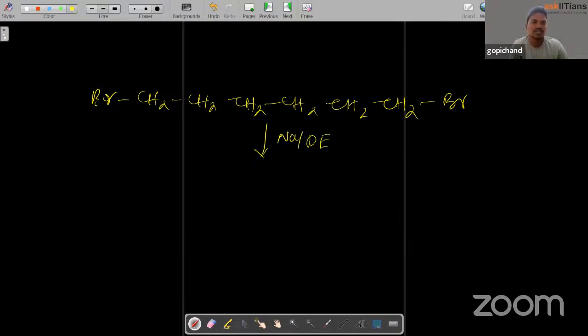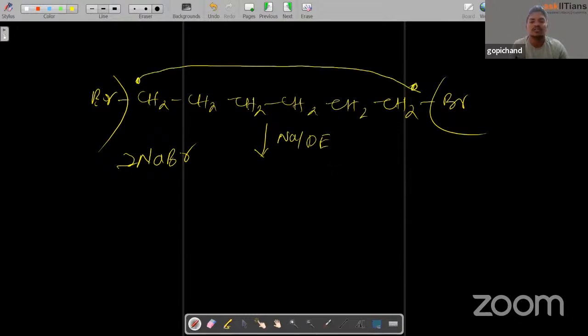Again, it's a Wurtz reaction. They will react to give 2NaBr. So now the end product will have a radical here and a radical here. Now you can see these both radicals will join together. 1, 2, 3, 4, 5, 6. The radicals which are forming here will join and form a 6-membered ring. So that 6-membered ring will be cyclohexane.